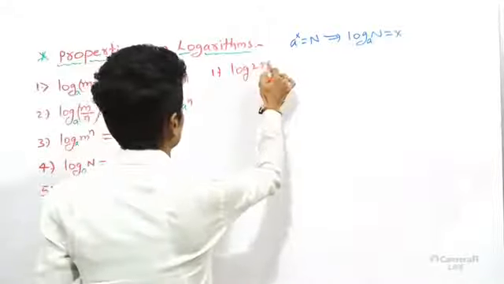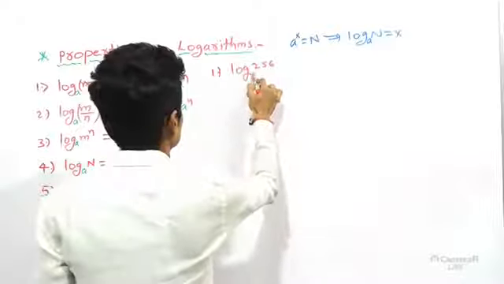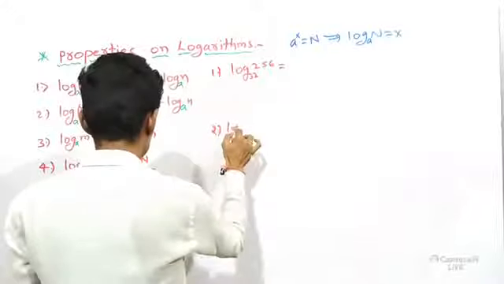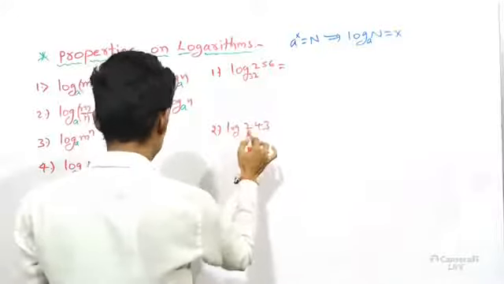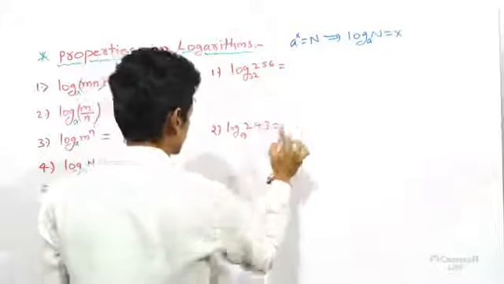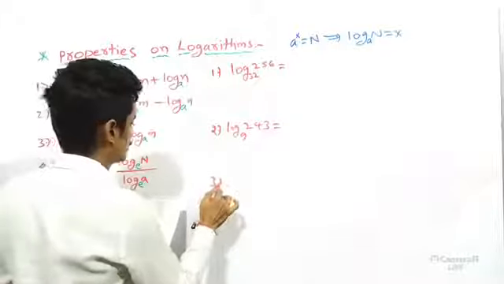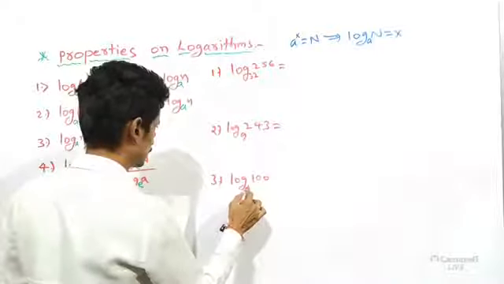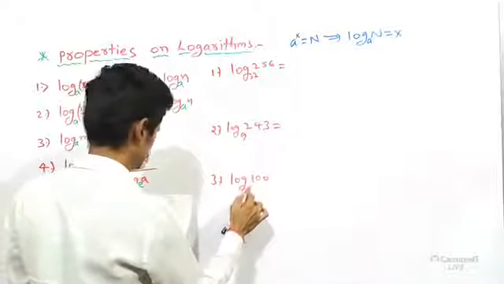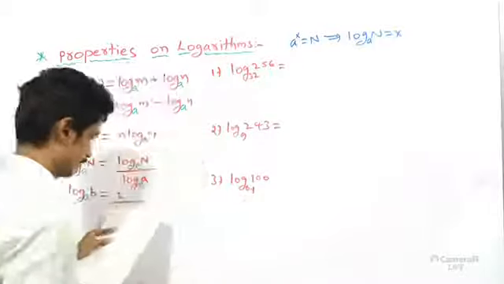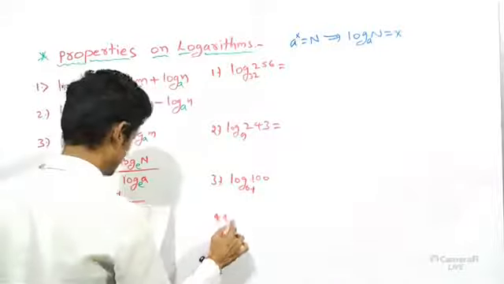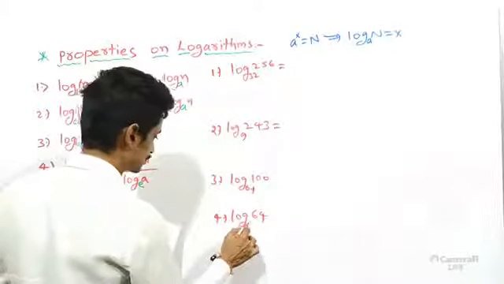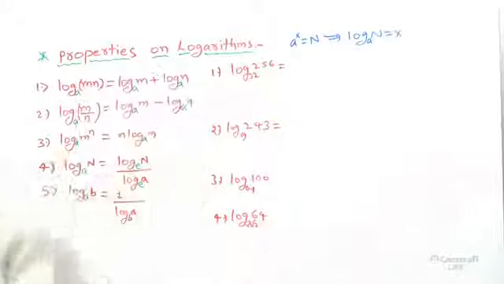Log of 256 to the base 32, and the second one, log of 243 to the base 9, the third one, log of 100 to the base 0.1, and the fourth one I will take, that is log of 64 to the base 2 times root 2.